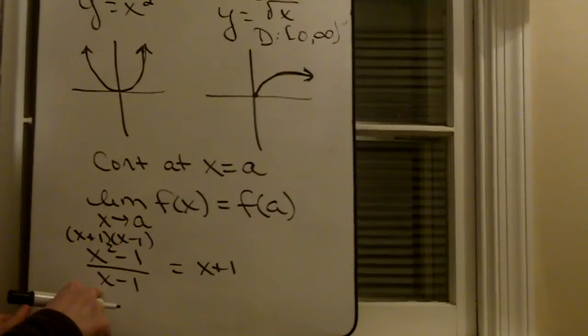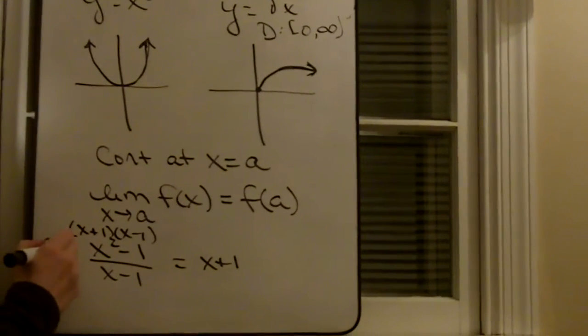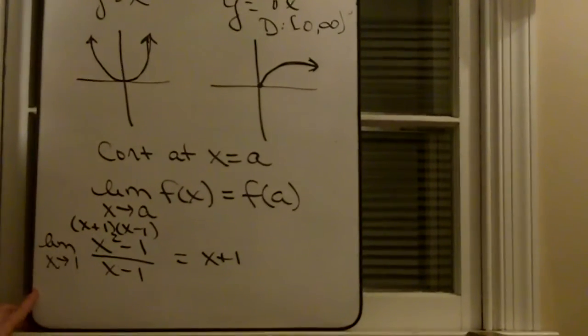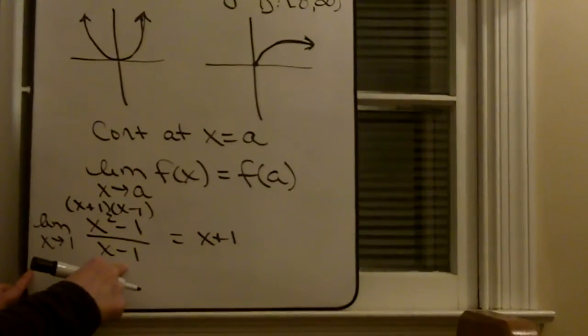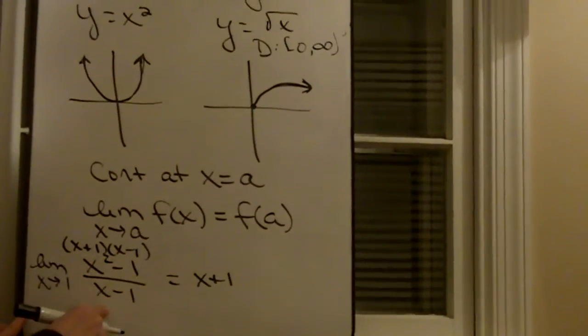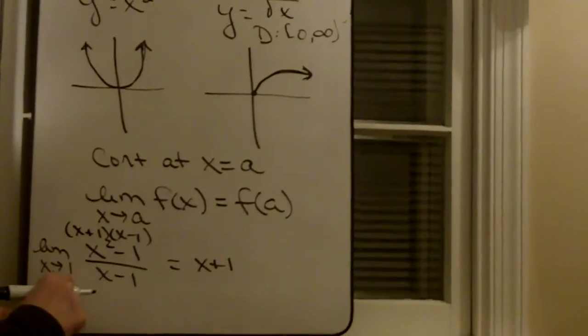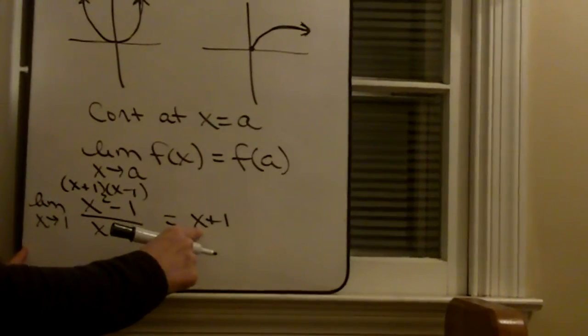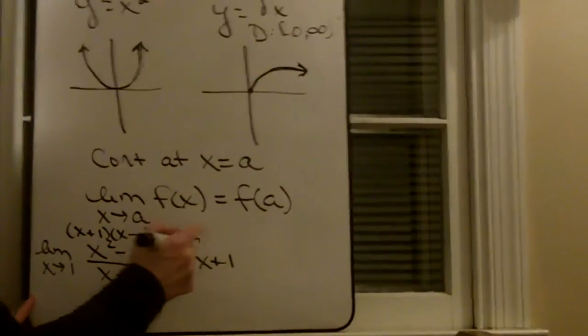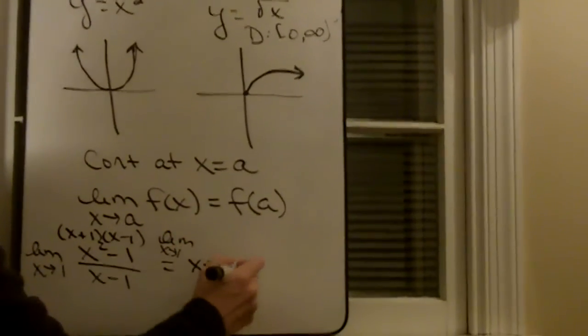So if I took the limit as x approached 1 of this original function, I can find a limit. I can divide out my x minus 1 factors, and I can direct substitute in and get a limit as x approaches 1 of 2.